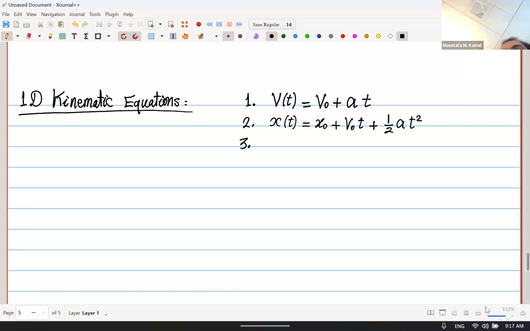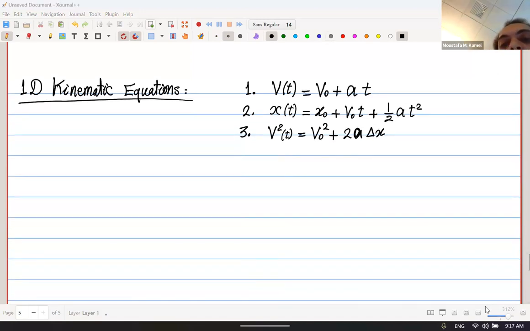And 3, which is not proved yet, is that v squared as a function of time is equal to v initial squared plus 2a times x minus x naught, or I will just write it down as delta x, like the distance traveled or the displacement.